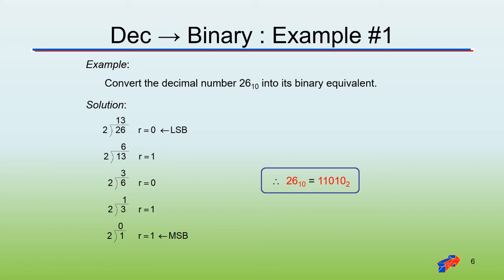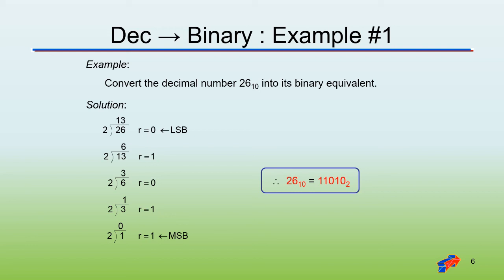Again we are dividing 13, that is the previous quotient, by the divisor 2. 13 divided by 2. We will get 6 as quotient, 1 as remainder. That remainder is again noted down. Again we repeat the process till the quotient becomes 0.